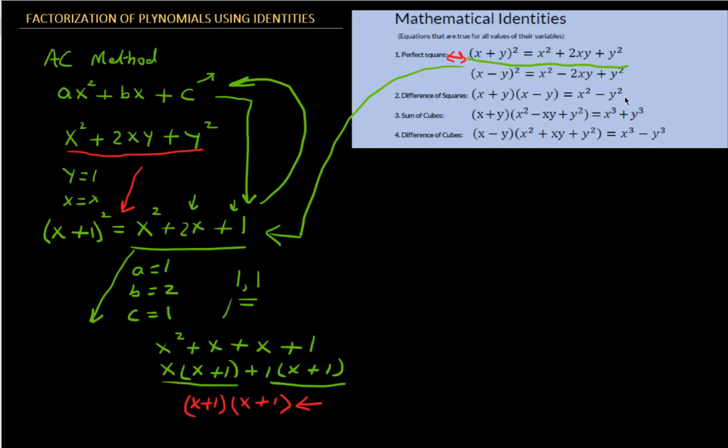For example, if there is a binomial, only two terms which are the difference of squares, in this case this is the only choice you have to factorize, that x square minus y square equals x plus y multiplied by x minus y. So it depends. Sometimes you can solve a problem in more than one way, sometimes you cannot. Depending on the situation, you have to decide which method is best for you.